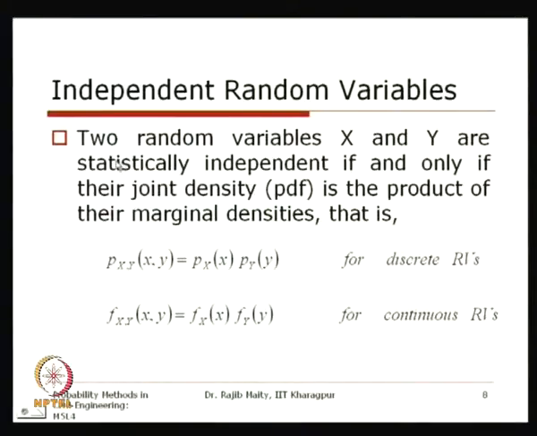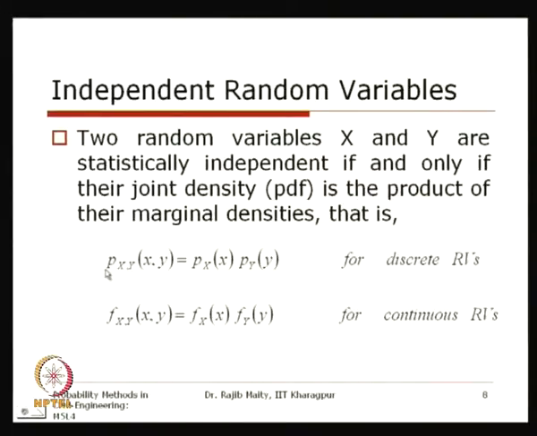So the statement states that two random variables X and Y are statistically independent if and only if their joint density, PDF or PMF (of course PMF for the discrete case), is the product of their marginal densities.